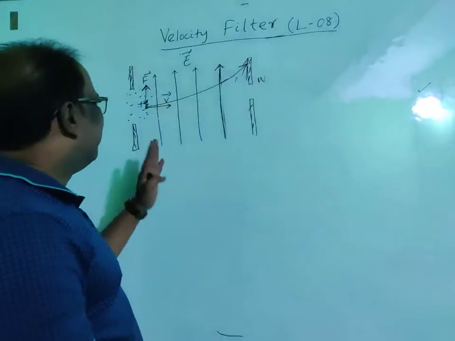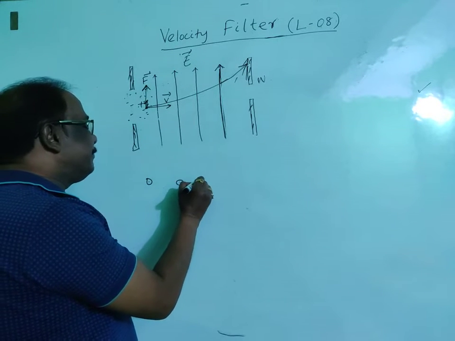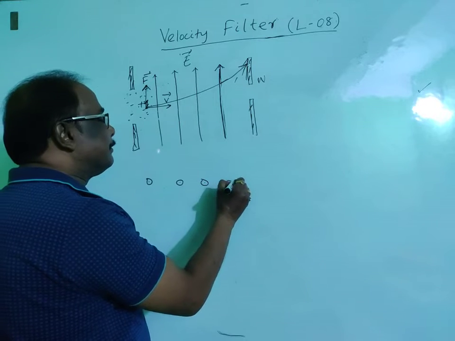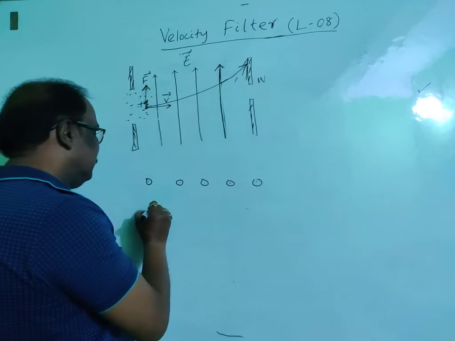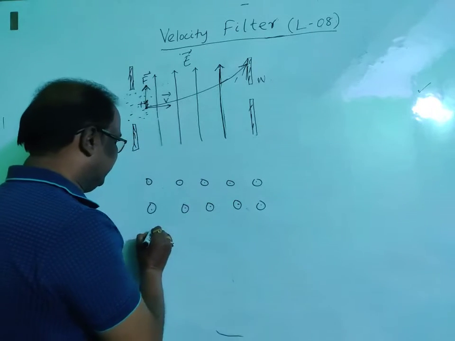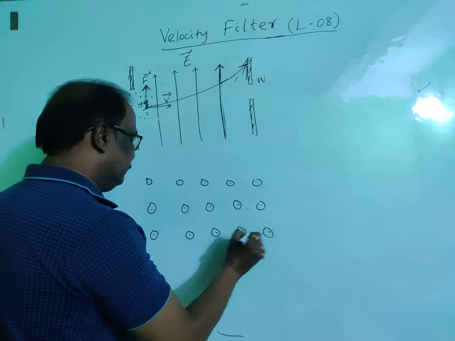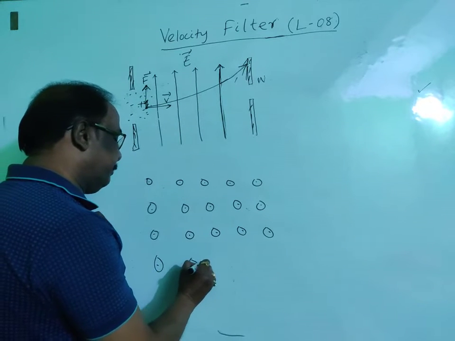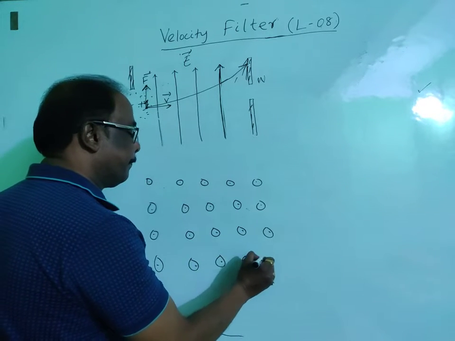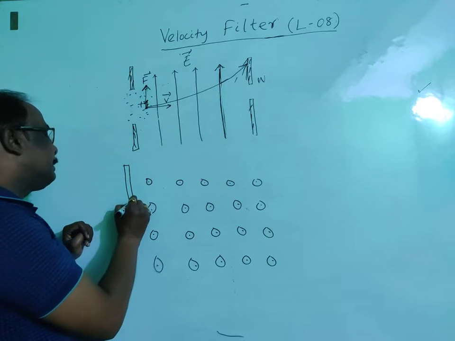Now again, if you represent a uniform magnetic field in the outward direction, a dot field, again the same condition.